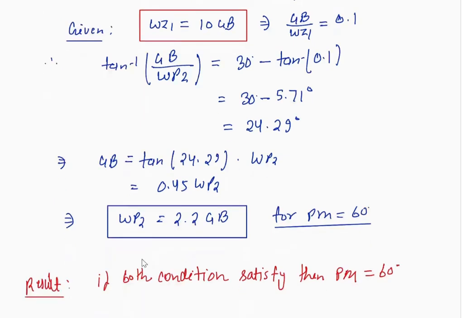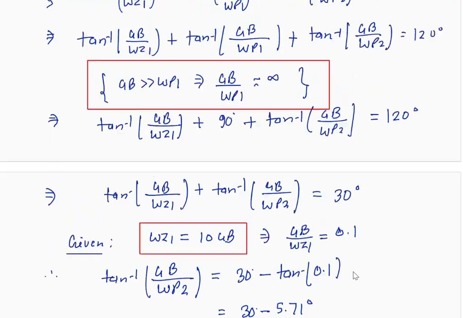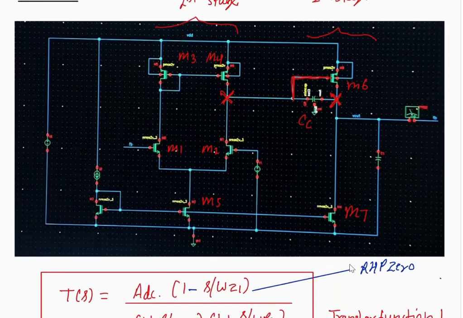Then my pole location will be 2.2 times the gain bandwidth, and now we will get a phase margin of 60 degrees. If we get these two conditions, then our op-amp will have a phase margin of 60 degrees. So if my zero location is 10 times the gain bandwidth of this op-amp and my second pole is 2.2 times the gain bandwidth, then we will get a phase margin of 60 degrees.